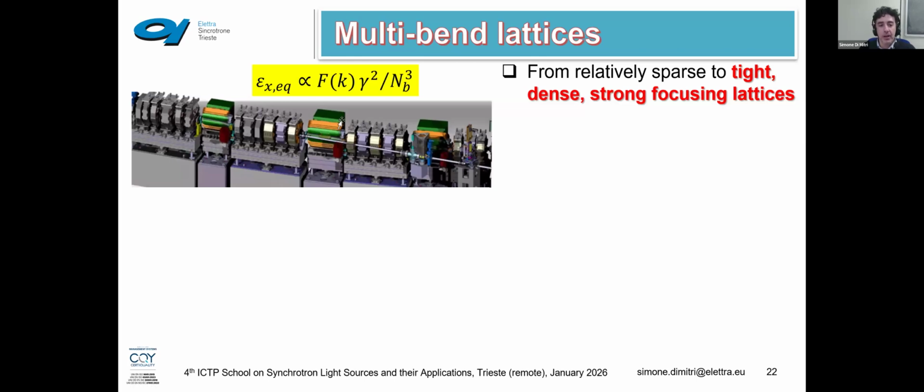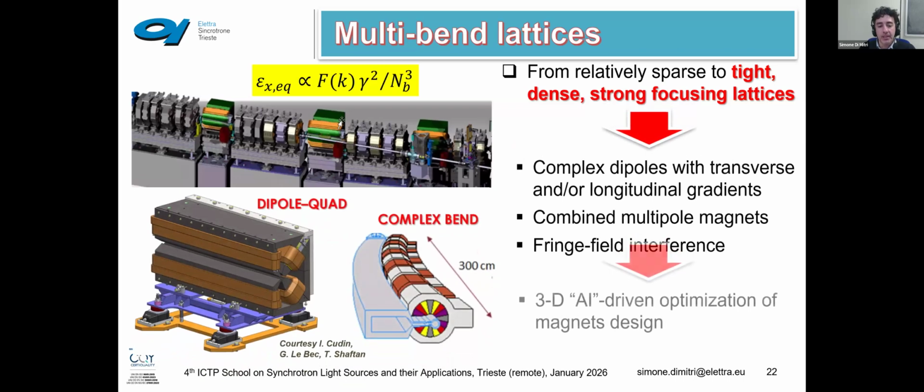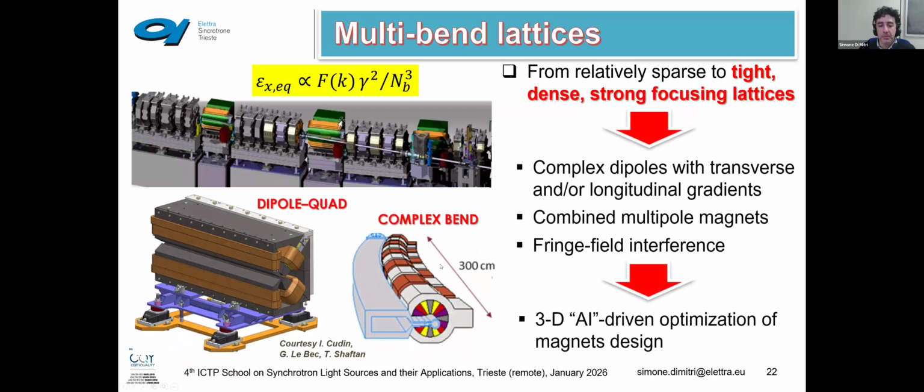Now we learned how to do that. This goes together with numerical optimization of the magnetic lattice, which implies artificial intelligence, by the way. Not only that, stronger quadrupoles imply higher chromaticity.